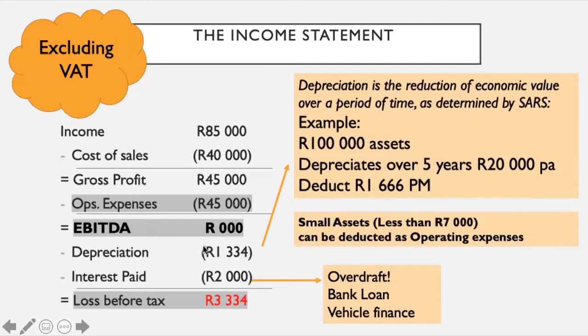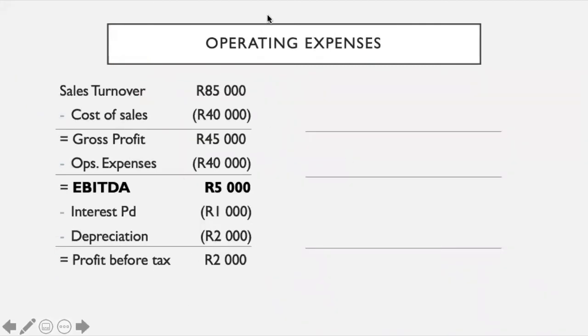So that's depreciation and interest. So let's look at our operating expenses. So obviously, the more we spend, the less profit we make, the less tax we pay. Now, I'm always so worried to say to small business owners, go and spend lots of money so that you don't have to pay tax. That's not the purpose, okay?